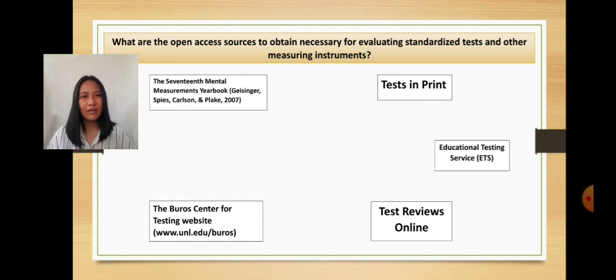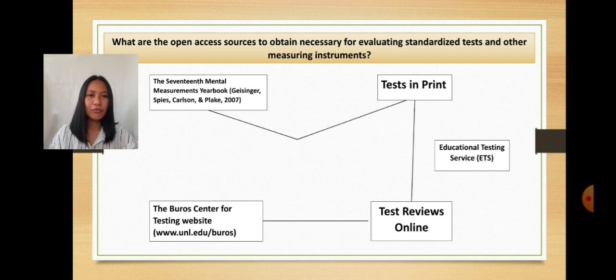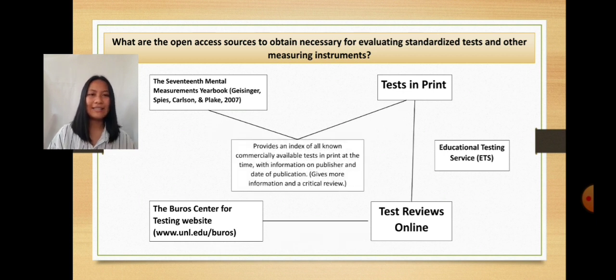These sources are used to provide an index of all commercially available tests in print at the time, with information on publisher and date of publication. So, hindi na mahihirapang maghanap ng sources upon evaluating standardized tests and other measuring instruments.